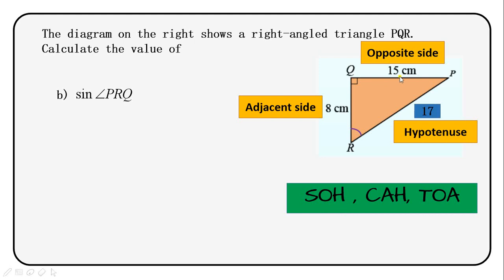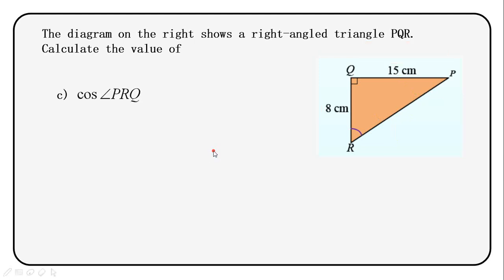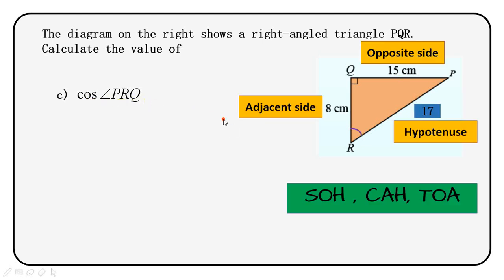Opposite is 15, hypotenuse 17. So sine angle PRQ equals 15 over 17. So next, C, cos angle PRQ. So use the formula adjacent over hypotenuse. Adjacent is 8, hypotenuse 17. So 8 over 17. Sorry for that.